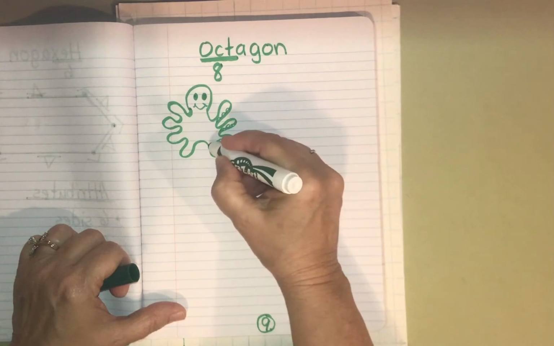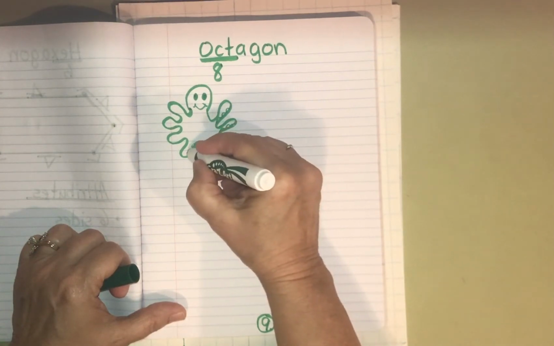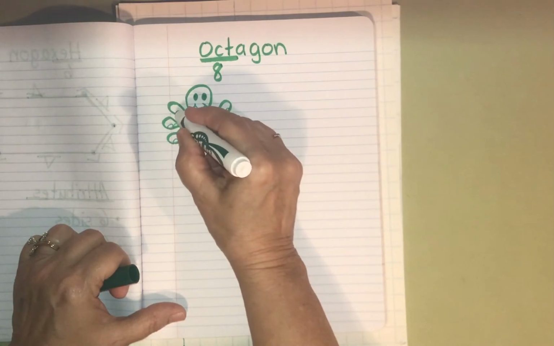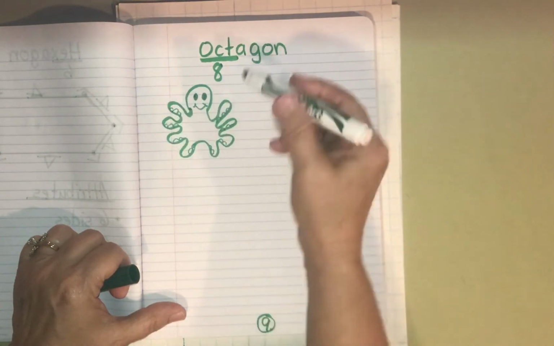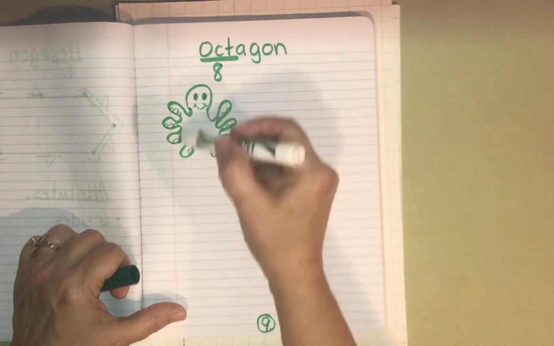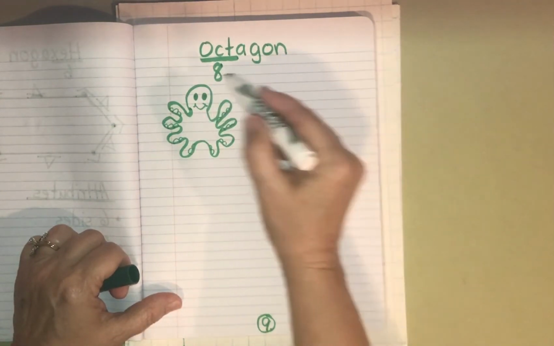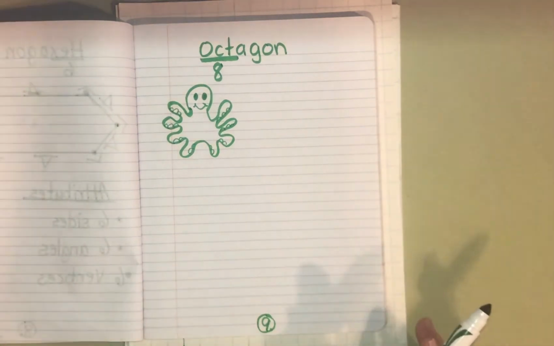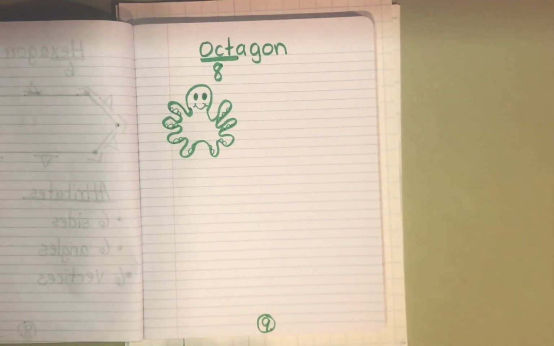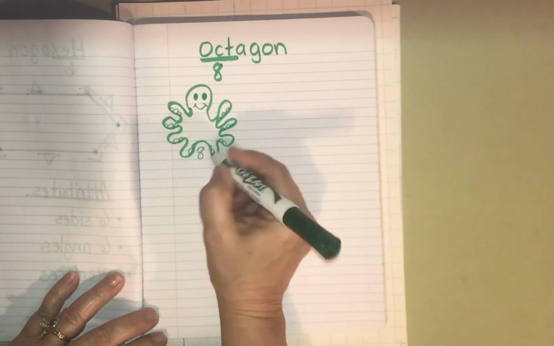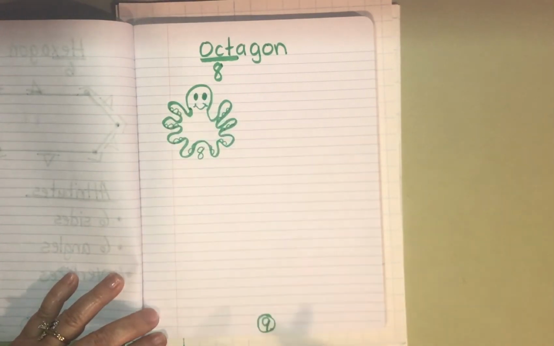So you can be as detailed as you'd like. I'm not going to be too detailed because this is just a reminder to me that an octopus has 8 tentacles, and the shape, the octagon, has 8 sides. Okay, so I'll just write a number 8 right in there so they remember it has 8.